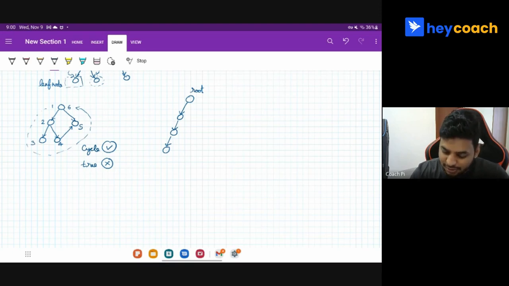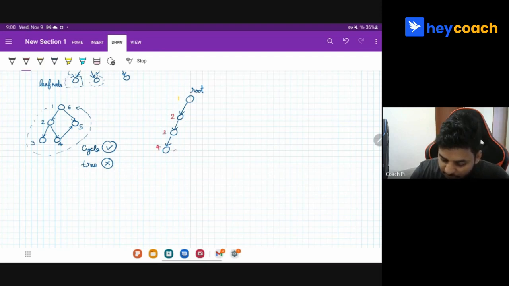Okay, so let's walk through it. We started from the root node, and then we visited the child nodes 3 and 4.